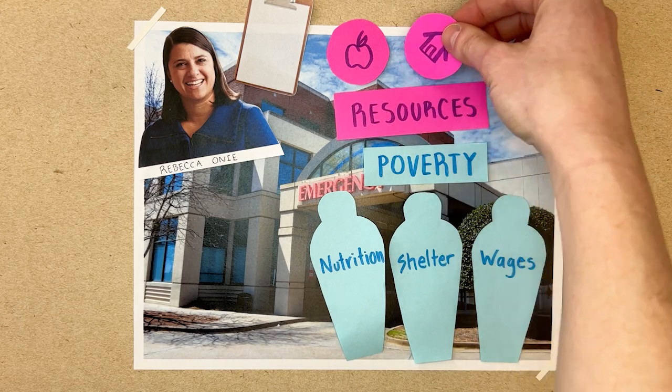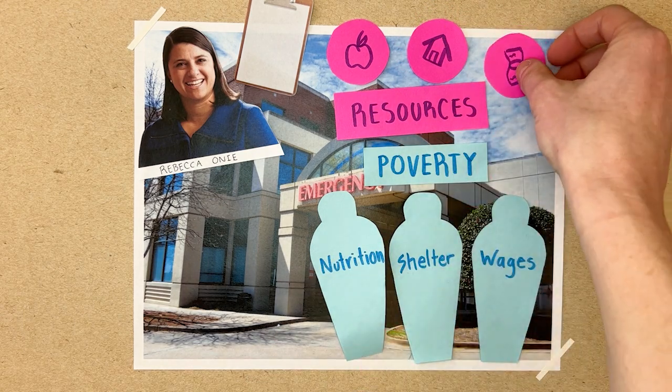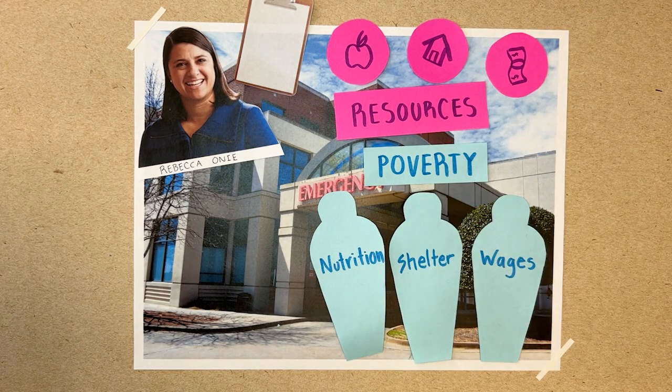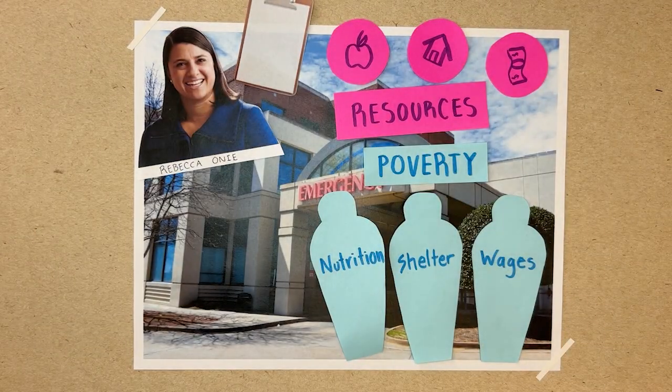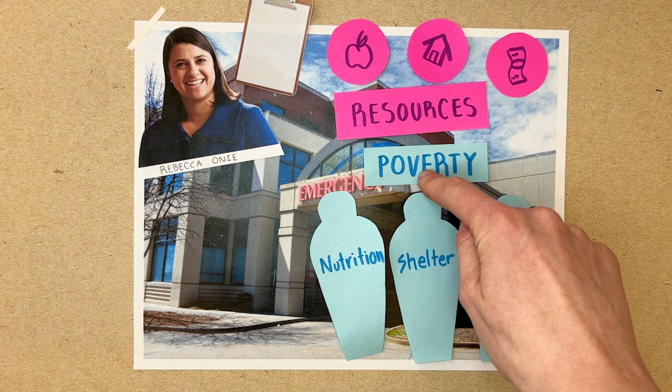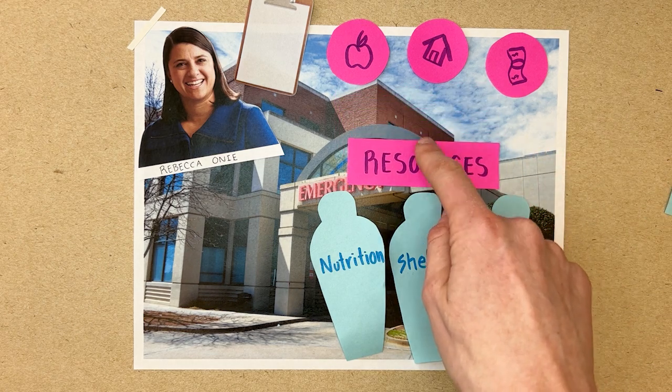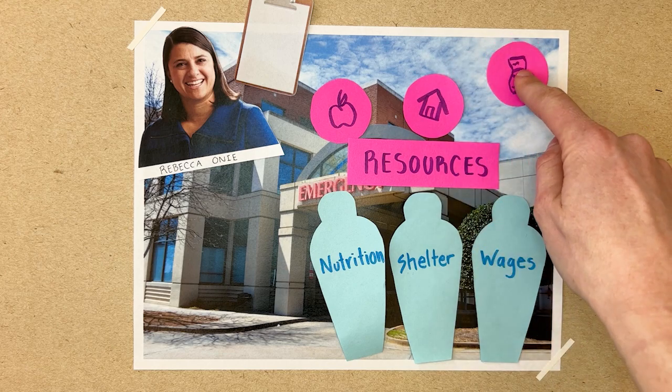So when she did her mental impact gaps canvas in terms of mapping the challenge and mapping solutions, she realized that the problem she wanted to solve in this big social challenge was that people were not accessing the existing resources that could help address drivers of health.